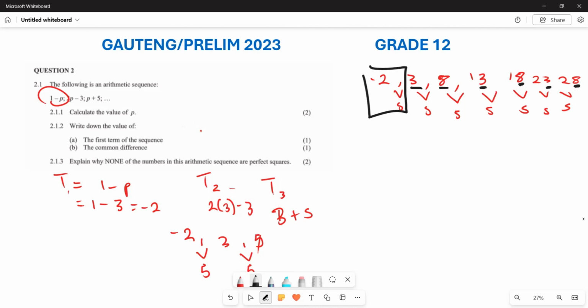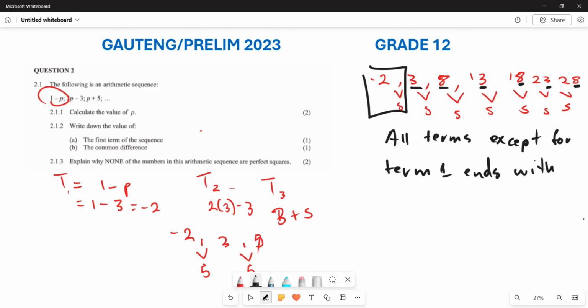So we are saying all the terms except for your term 1 end with either your 3 or your 8.